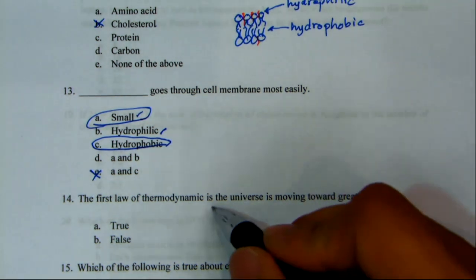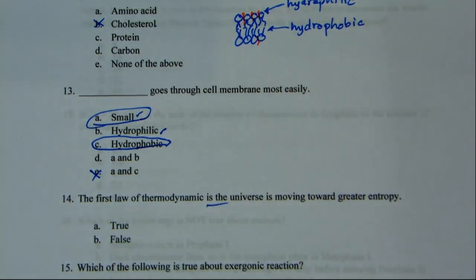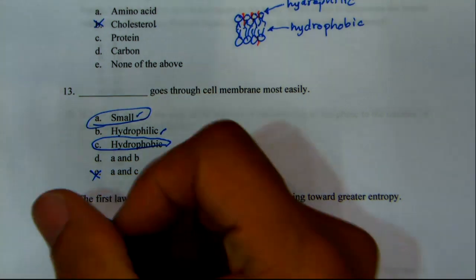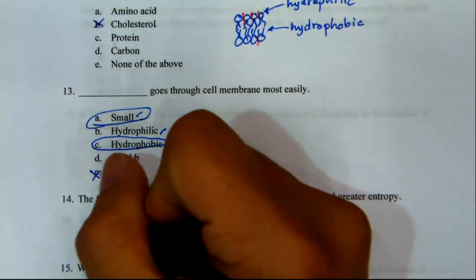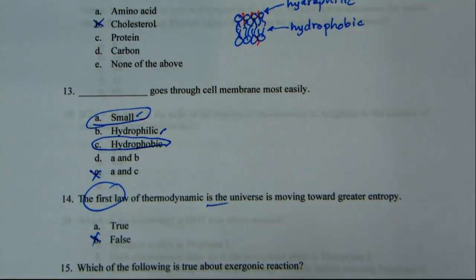Again, this is another area of typos. The statement that the universe is moving toward greater entropy is actually the second law. The first law is what? Energy cannot be created or destroyed. So the answer would be false because this is not the first one. Okay.